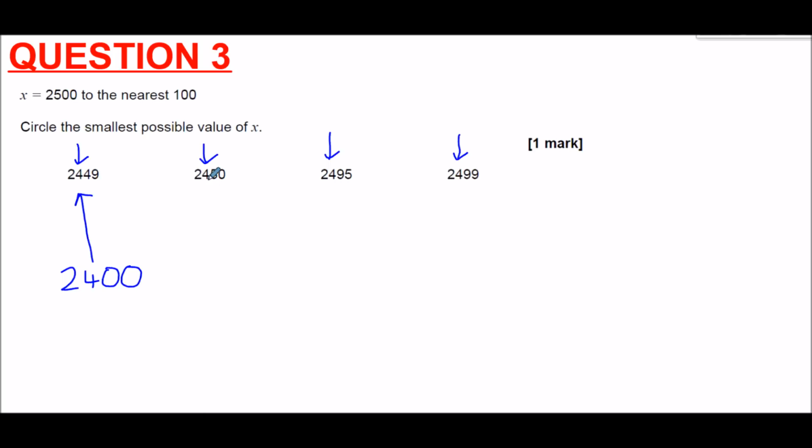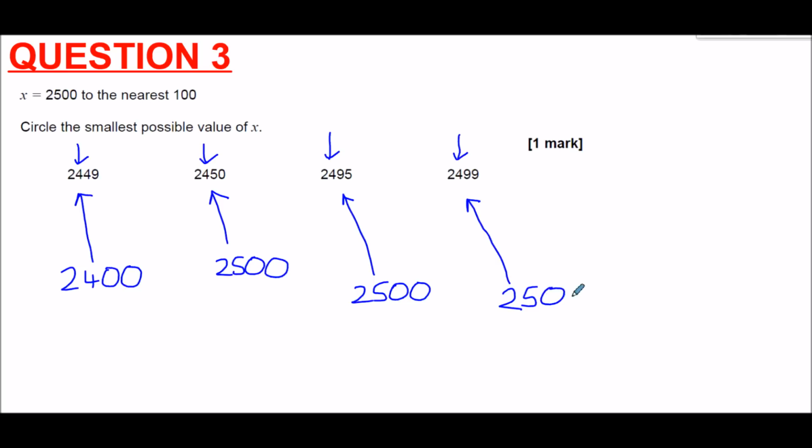This number here, 2,450, that one would round up to 2,500 because next to the 4 is a 5. Here, next to the hundreds is a 9, so that too would round up, as would the number at the end. That's only one off 2,500, in fact. But the question here is asking us for the smallest possible value of x, the smallest value it could have been before it was rounded up.